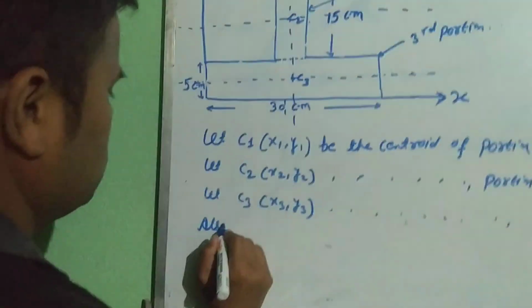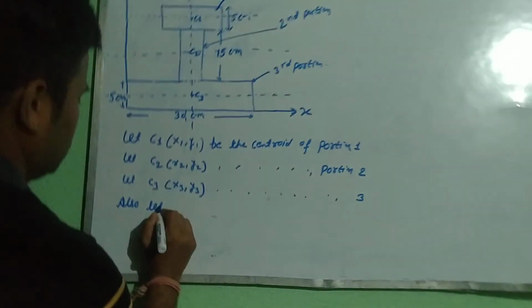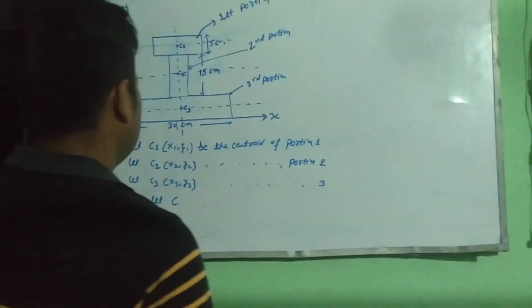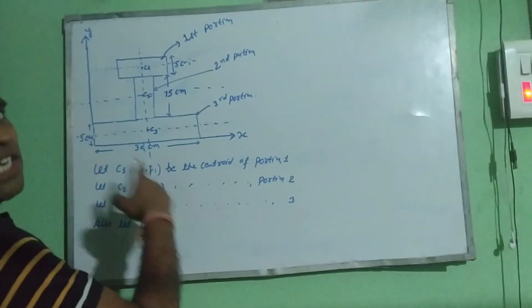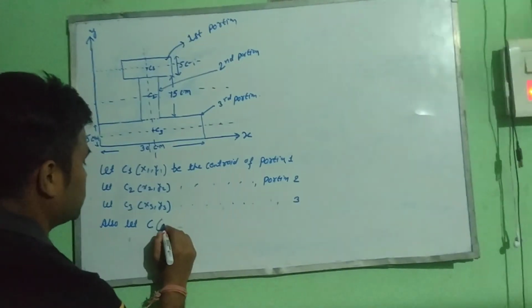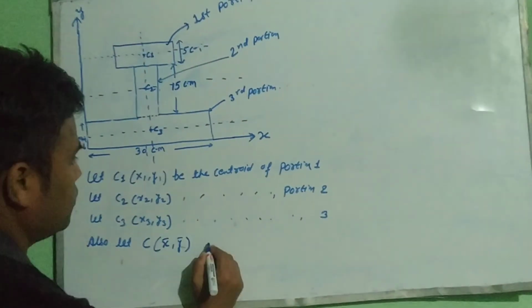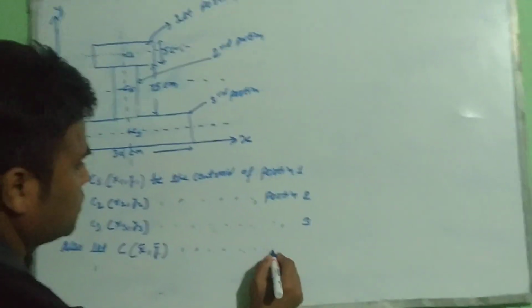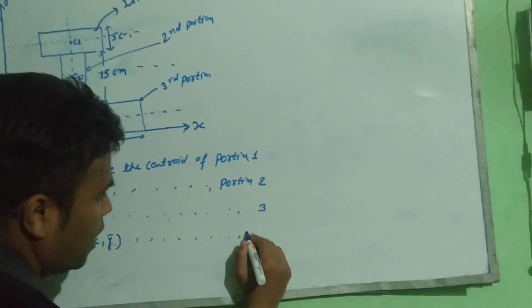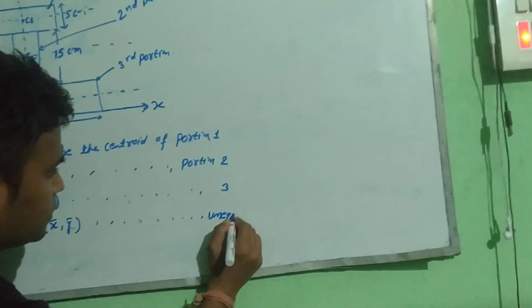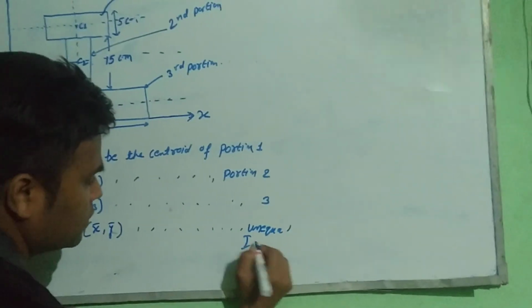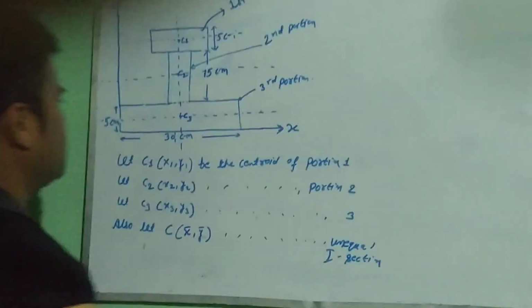Also let C, with coordinates x bar and y bar, be the centroid of the unequal I section.